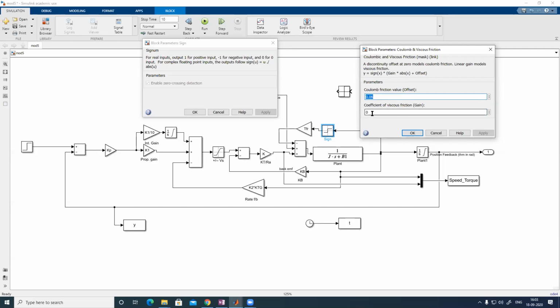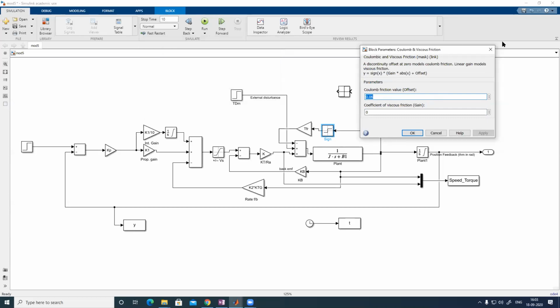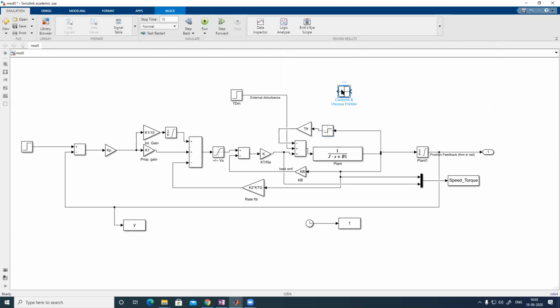This gain I make it 0. So this will be the sign of this function. Both are the same. These are finished now.